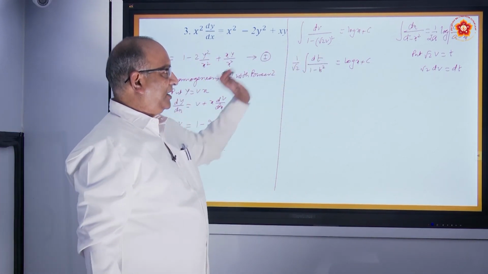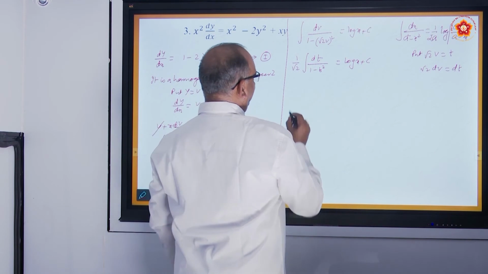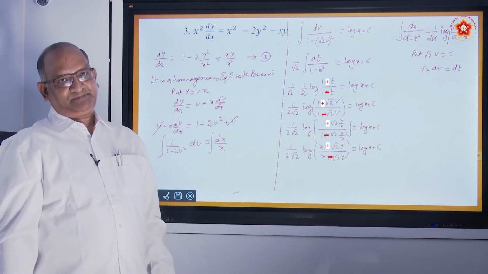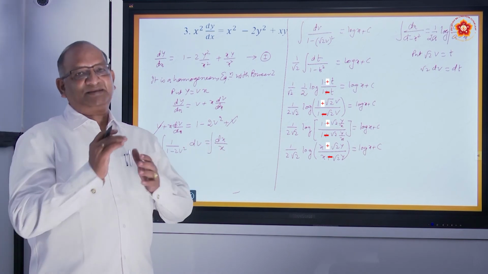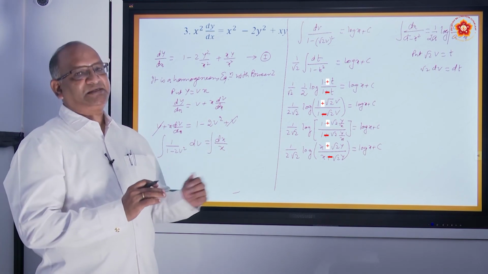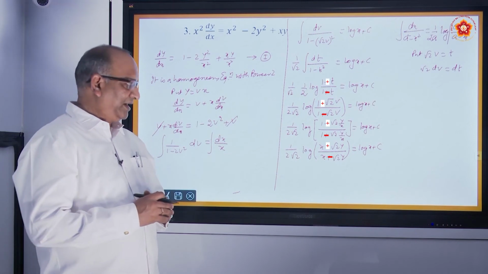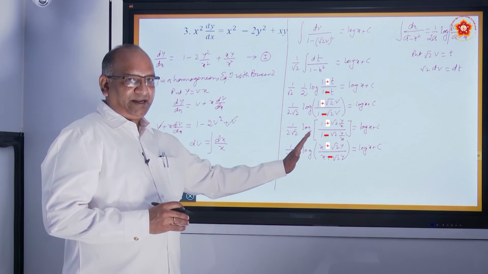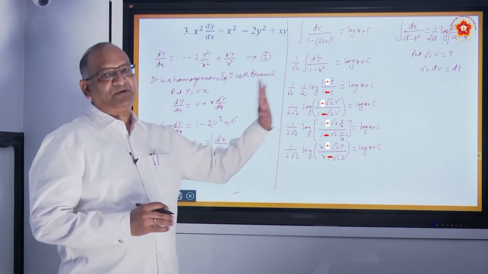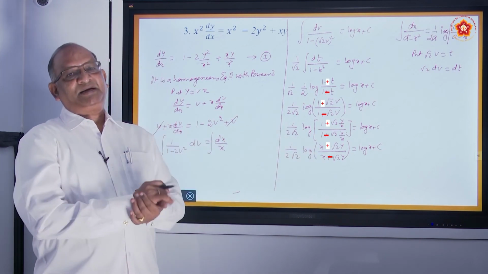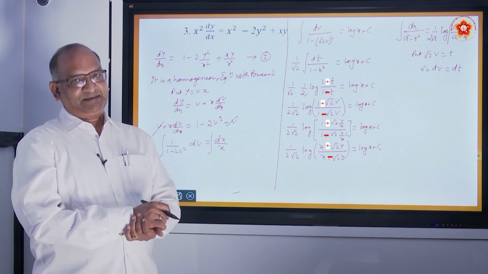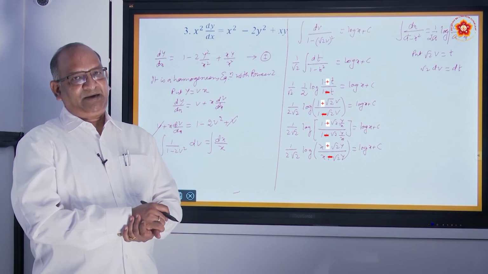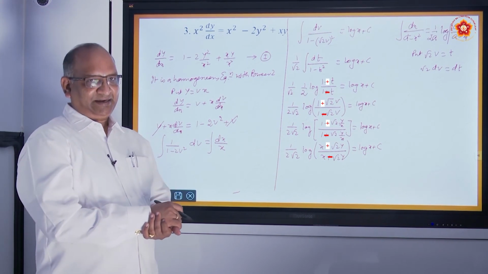Now, use that formula. According to that particular formula, it can be left as it is as answer, unless you want to match the textbook answer with the answer which you get. How do you do that? Get that log x this side, put it as minus, and then simplify. But otherwise, this itself is good enough as answer, because v is being removed and we have constant of integration.